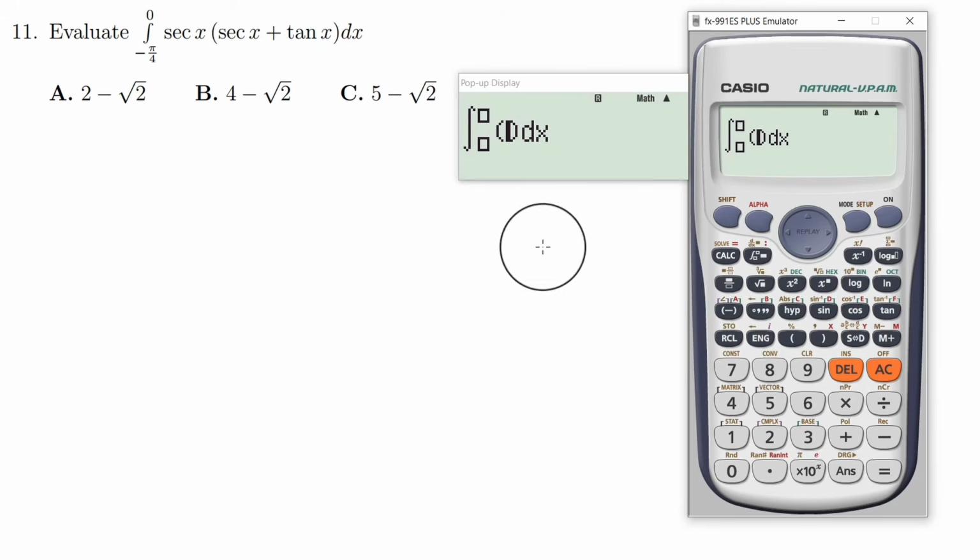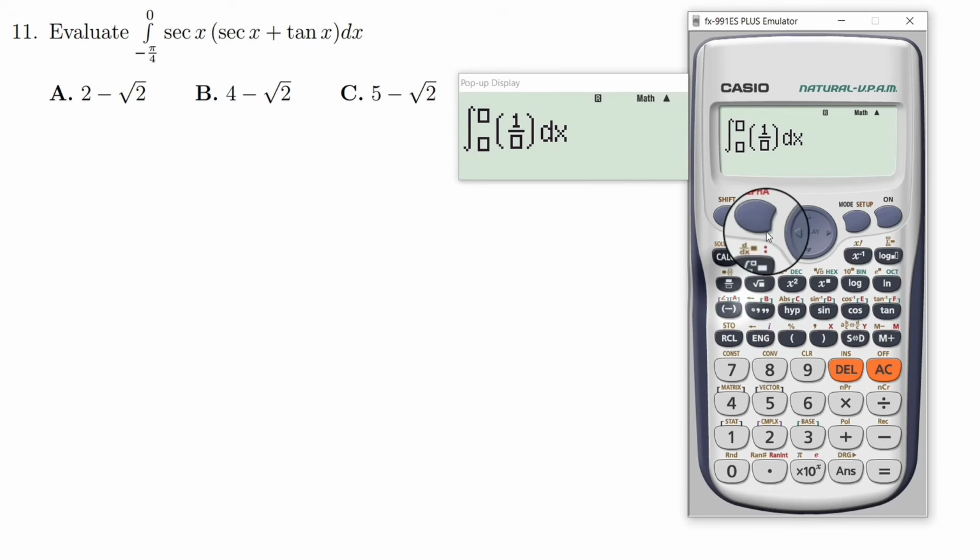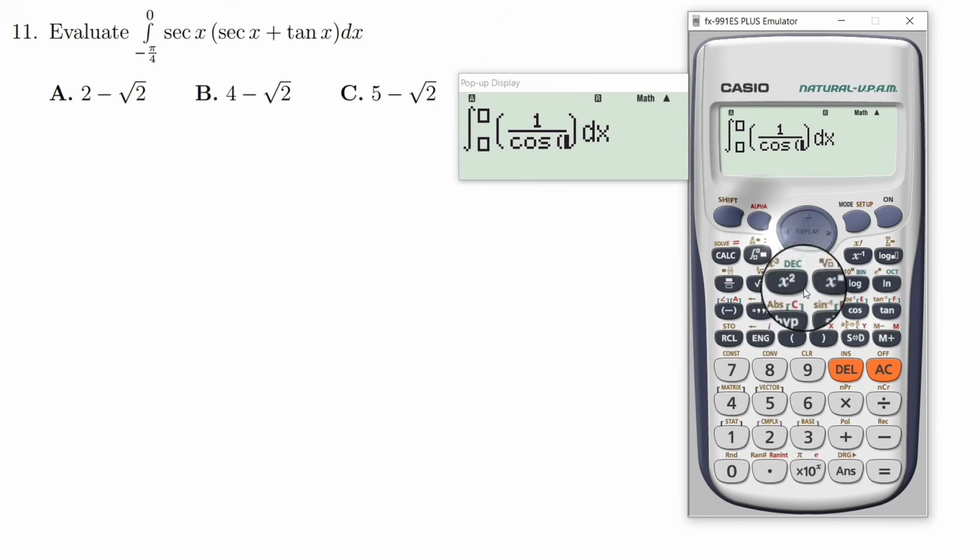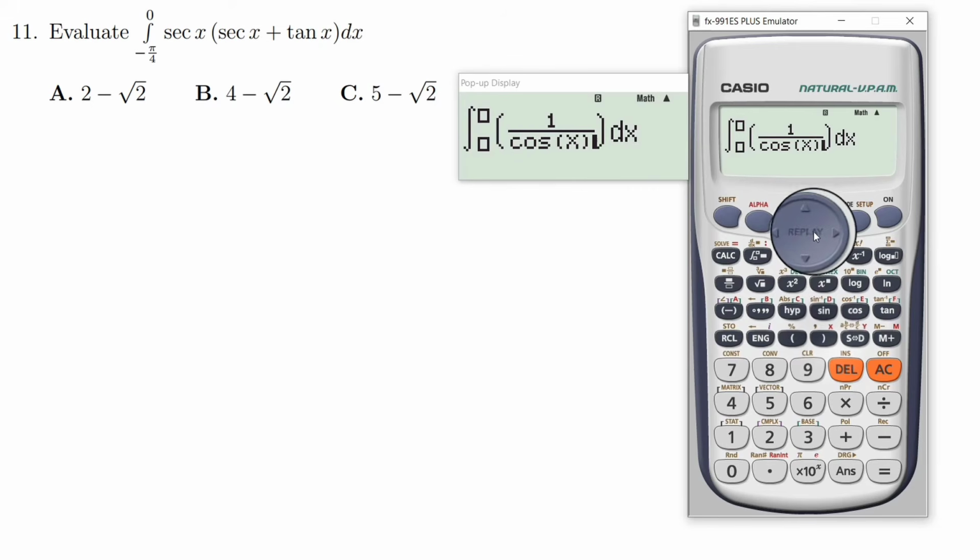Then here, you can see that in your calculator you don't have anything like sec, you don't have anything like cosec, but however you remember that the inverse of cos is sec. So that means I have this to be 1 over cos x, so we have this to be cos alpha x.